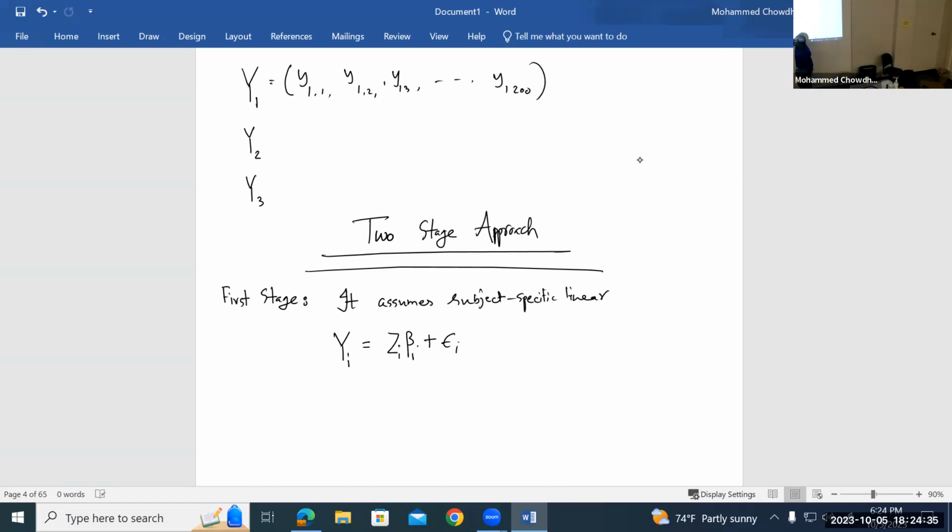i equal to 1 is the first school's linear model, right?